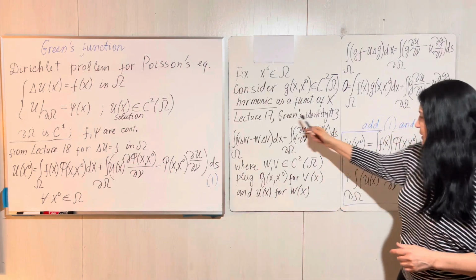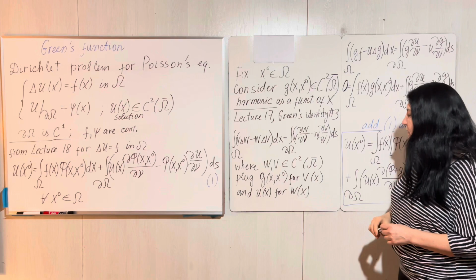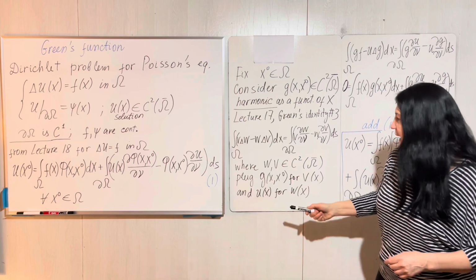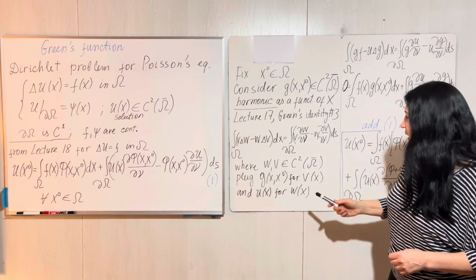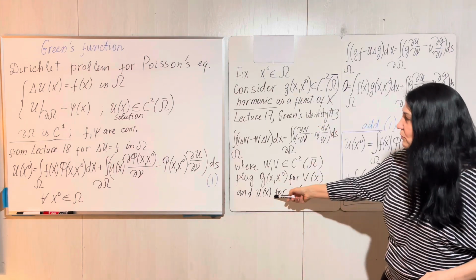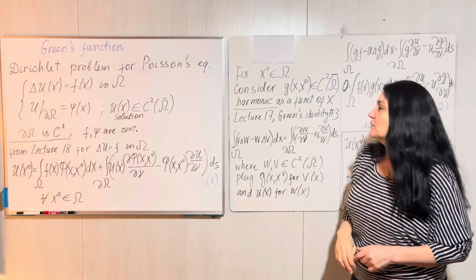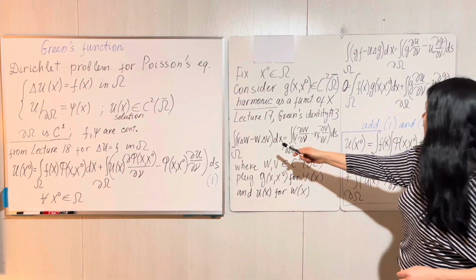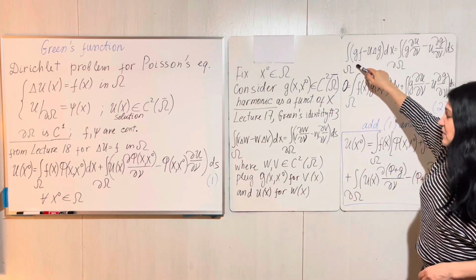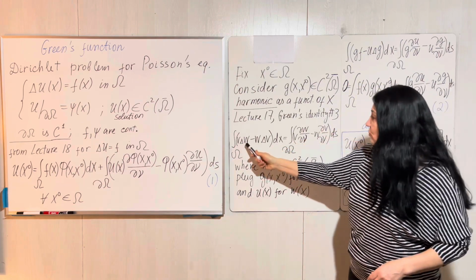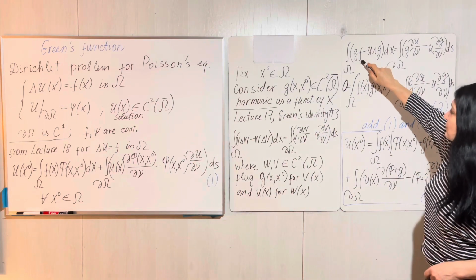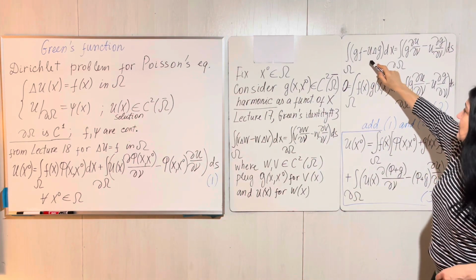Now let's use this formula, replacing the function v with our function g, and the function w with the function u, the solution to the Poisson's equation. Then, since delta u equals f, here I have f times g, then minus u delta g.